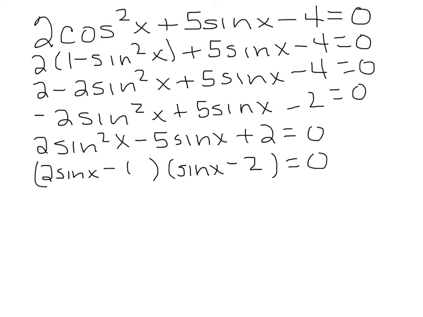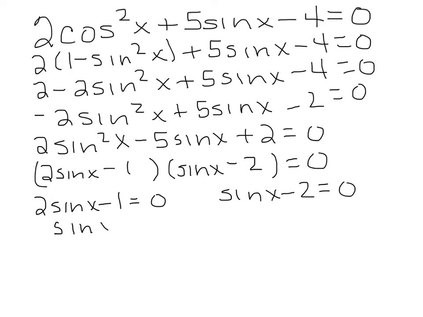So now I have two little equations I can solve. 2 sine x minus 1 is equal to 0, or sine of x minus 2 is equal to 0. If 2 sine x minus 1 is 0, then sine of x is equal to 1/2.